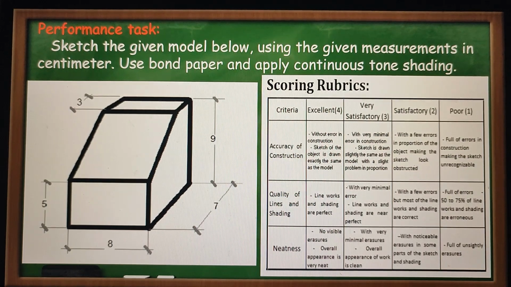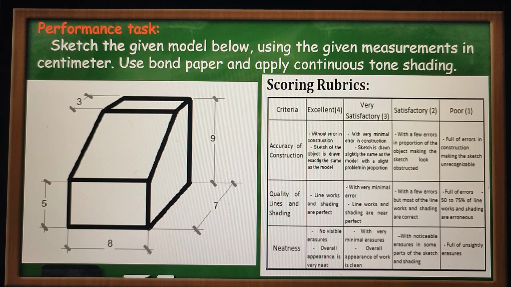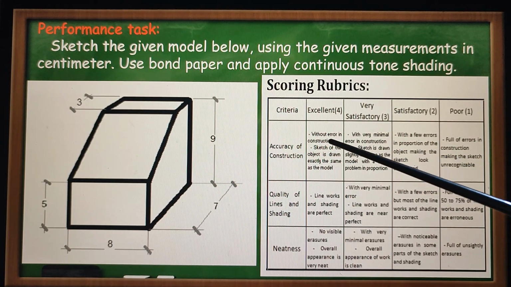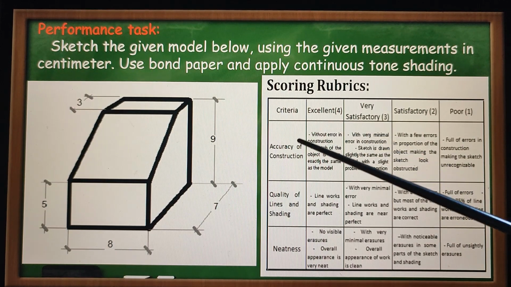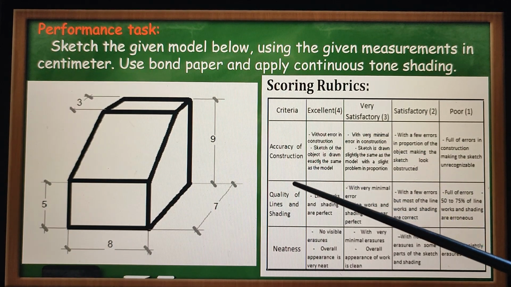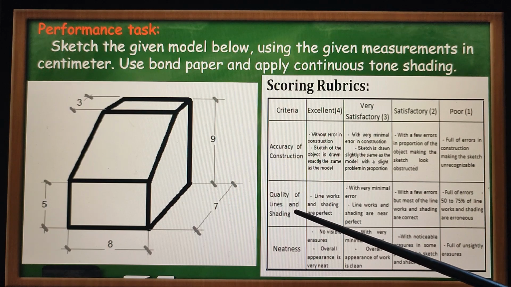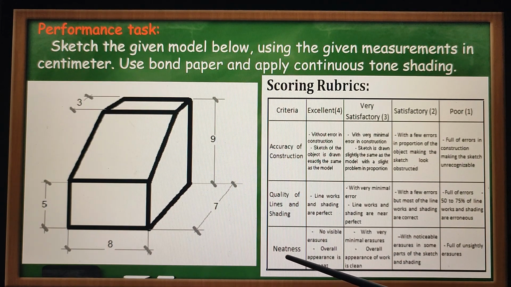The scoring rubrics criteria are accuracy of construction, quality of lines and shading, and neatness. Excellent is 4. Very satisfactory is 3. Satisfactory is 2.